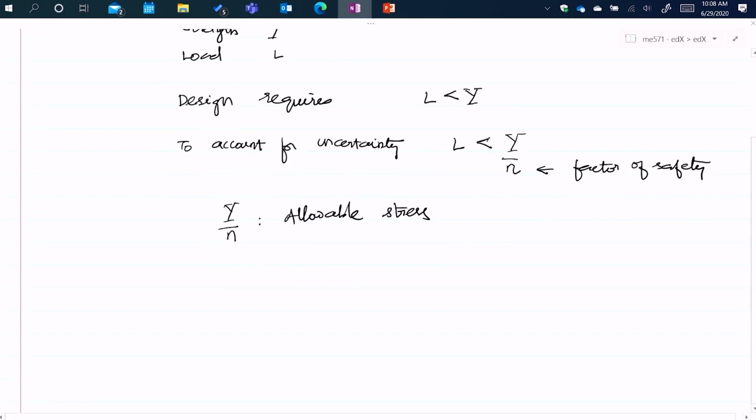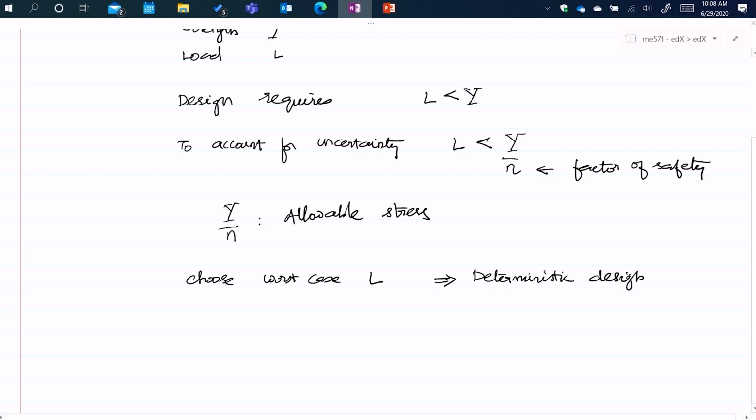The factor of safety accounts for all our uncertainty. Then we also choose a worst case load. It's a deterministic design.